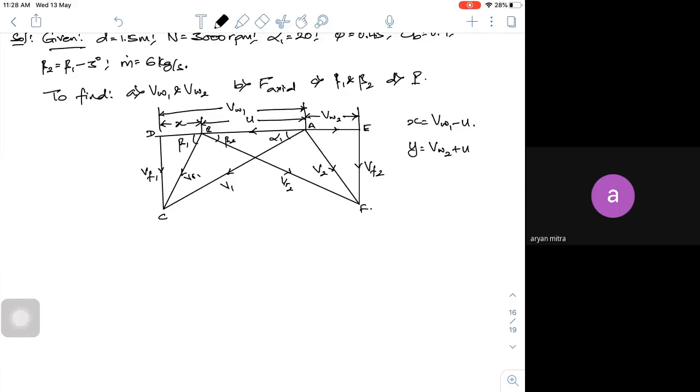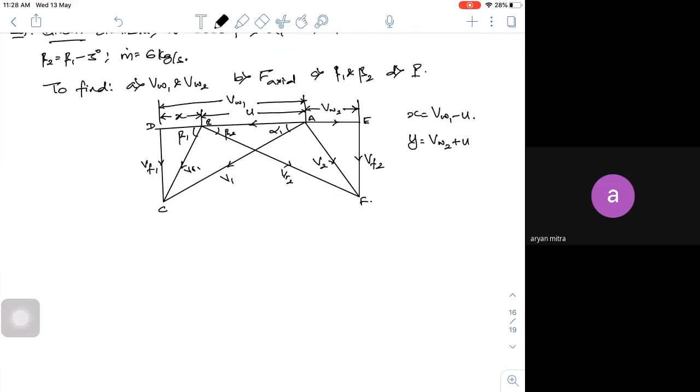Let us try to solve it one by one. They have given the diameter and the speed, so we can find the blade speed or peripheral speed. The blade speed U is equal to pi into D into N by 60, that is pi into 1.5 into 3000 divided by 60. This turns out to be around 235.6 meters per second.